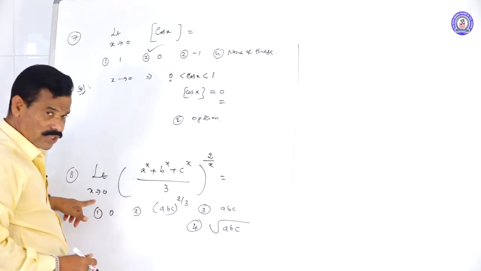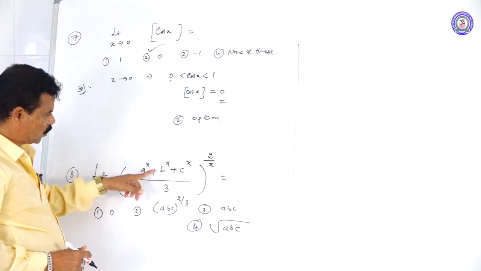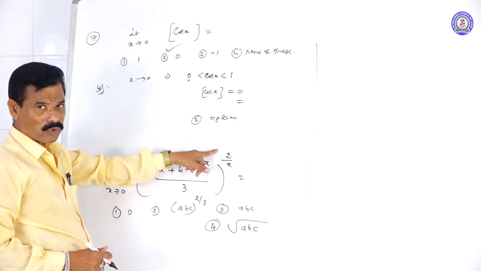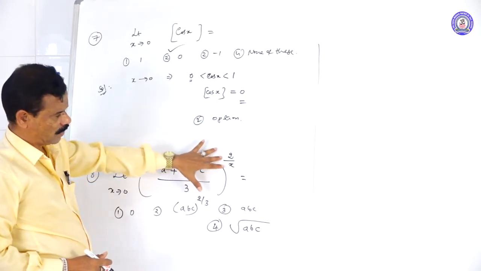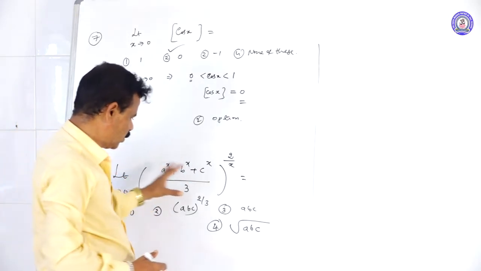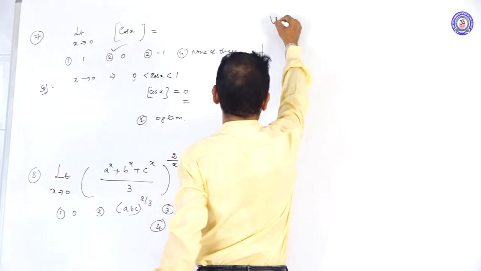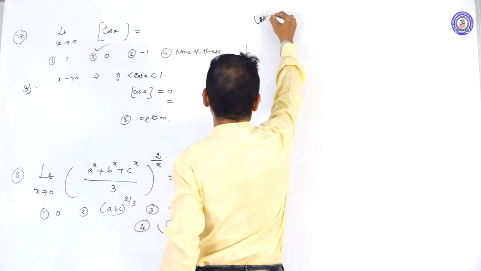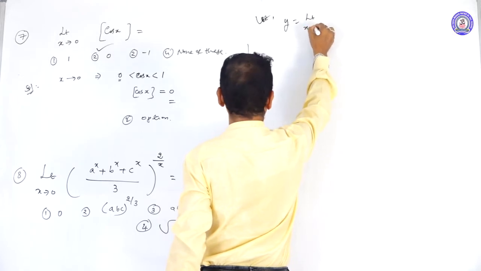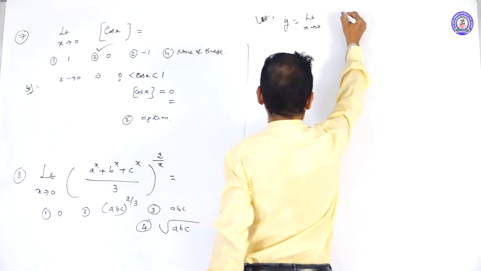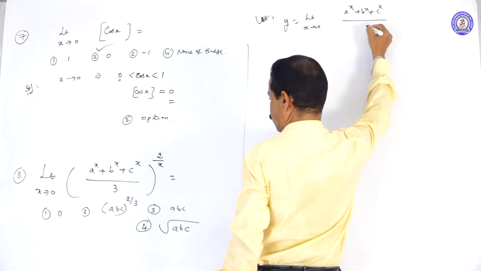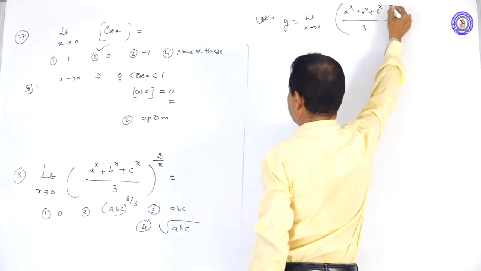Here the limit as x tends to 0 of ((a^x + b^x + c^x)/3)^(2/x). So here the power function is involved, so we take logarithms. Let this limit be equal to y. Let y be the limit as x tends to 0 of ((a^x + b^x + c^x)/3)^(2/x).